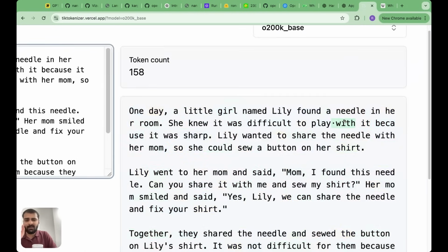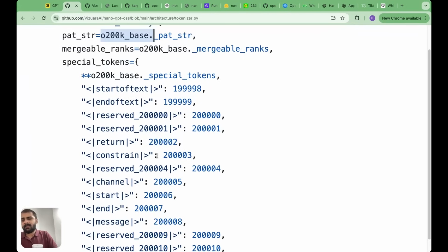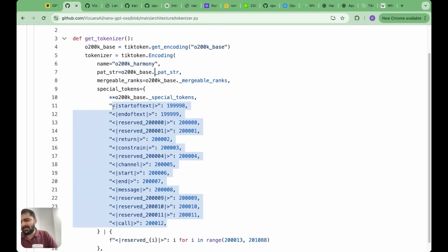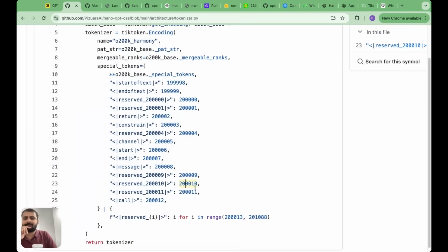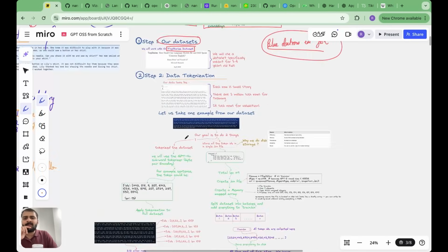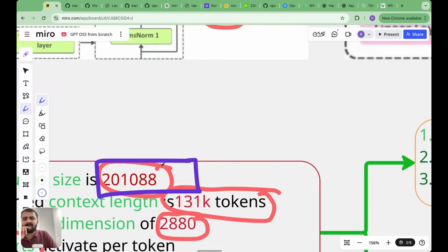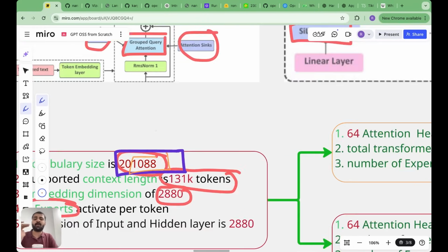It will tokenize every story into individual tokens like this. And if any special token is there, it will add these numbers to that special token. So if you are wondering how the vocabulary size has this 201088, this number is because of the special tokens added on top of the 200K.